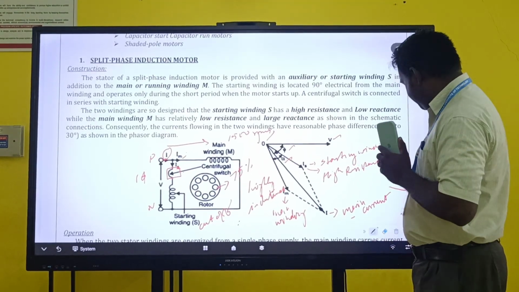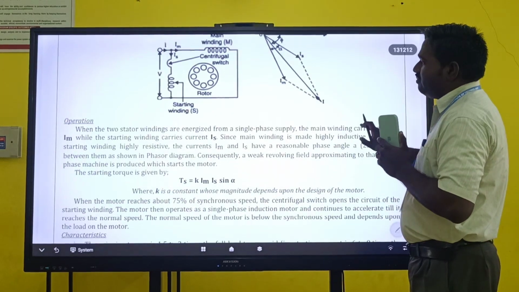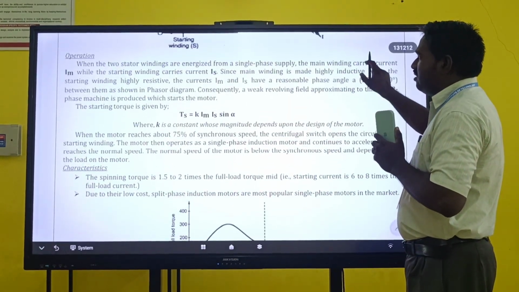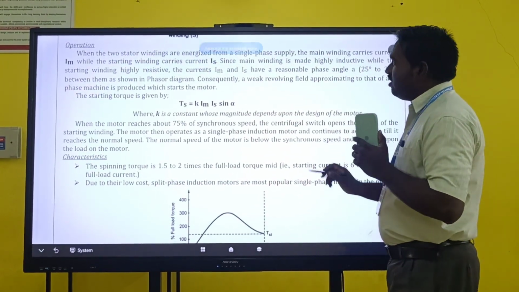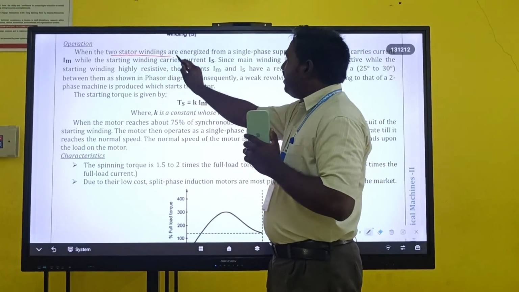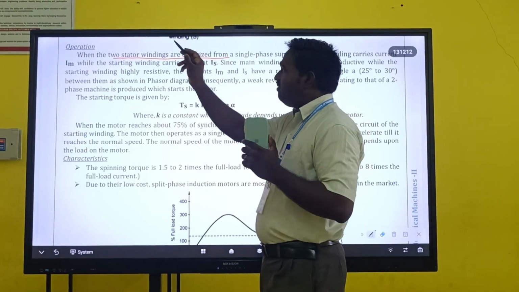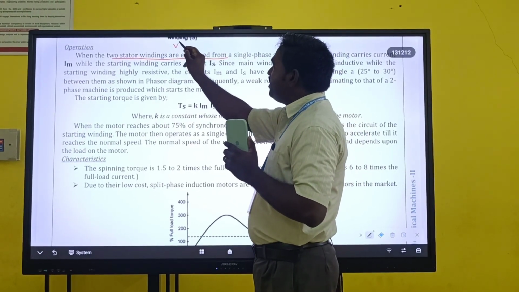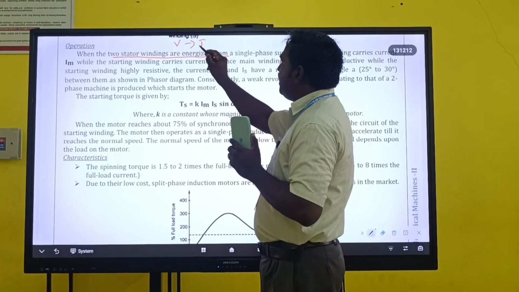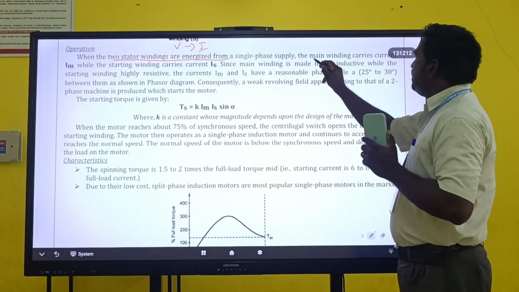So now let us see the operation. When the two stator windings are energized from the single phase AC supply, the current flows through the two windings.